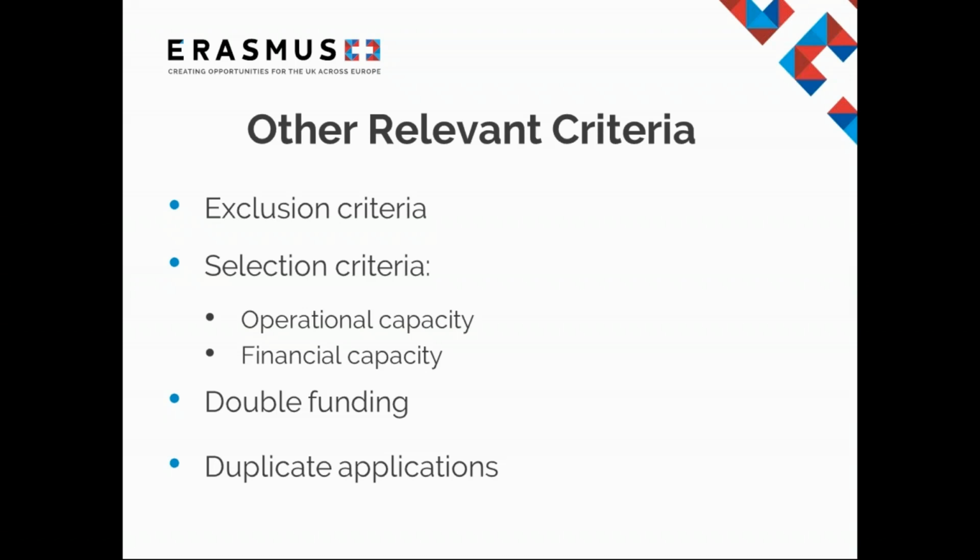Finally, where the same or very similar applications are submitted by different applicants or consortia, they will be subjected to a specific assessment and may be all rejected. All applications should be unique to the organizations and participants involved in the project.